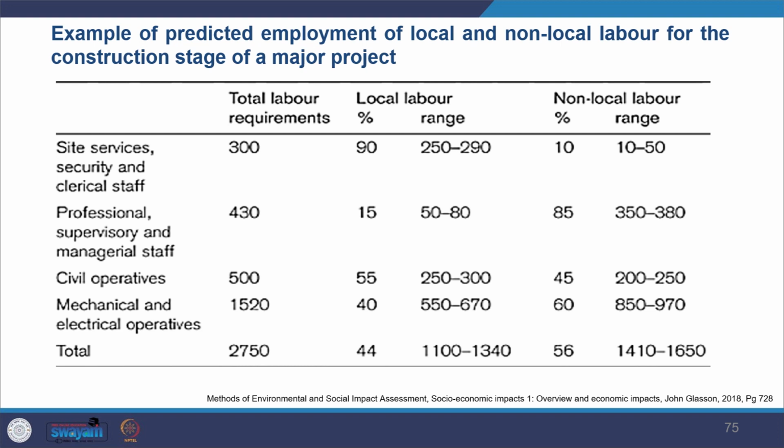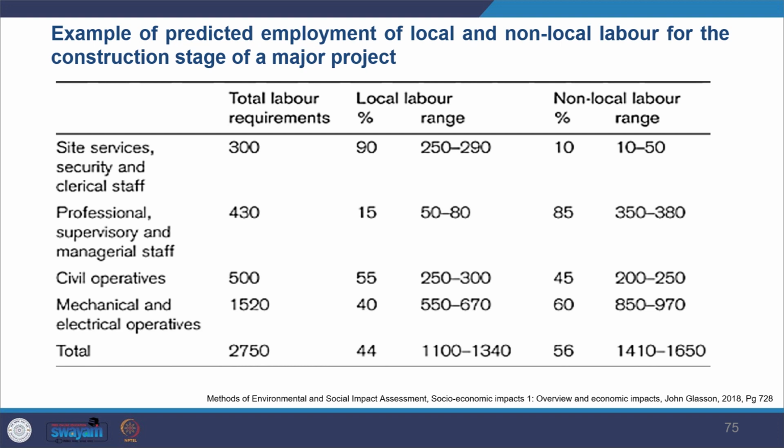And then you see how with the change in positions, the percentage of local labor also reduces or varies. You can see how non-local labor increases when the mechanical and electrical operatives come in. So you can see 10, 85, 45, 60, 56. So the proportion is increasing as the different levels of skills are required.